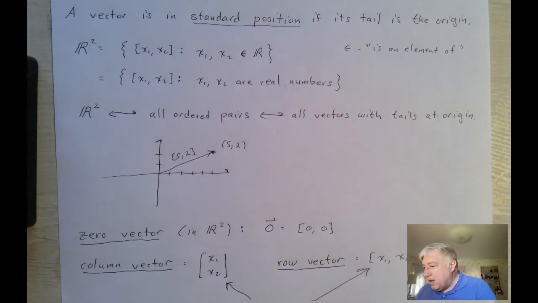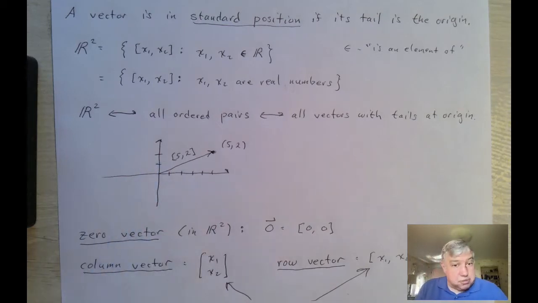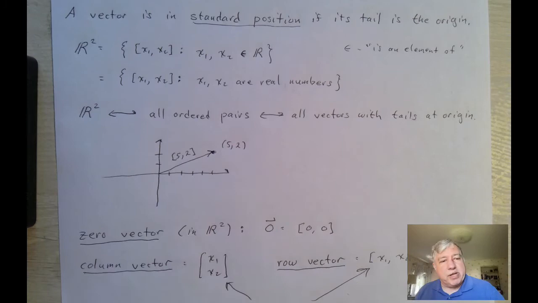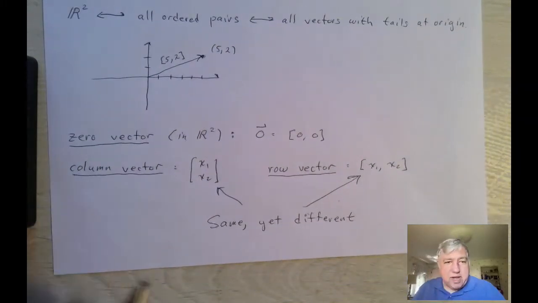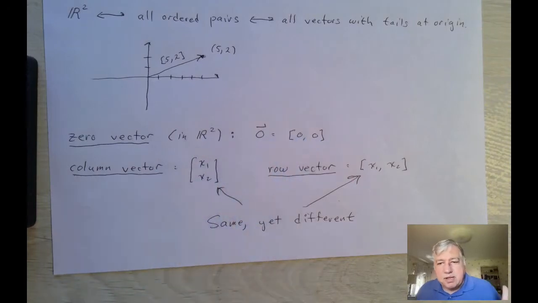So hopefully that's pretty clear. We're going to use square brackets to denote vectors. Traditionally we'll use round brackets or parentheses to denote points. And then we say that the 0 vector in R2 is just the vector [0, 0]. That's basically the only vector where the terminal point and the initial point are the same.